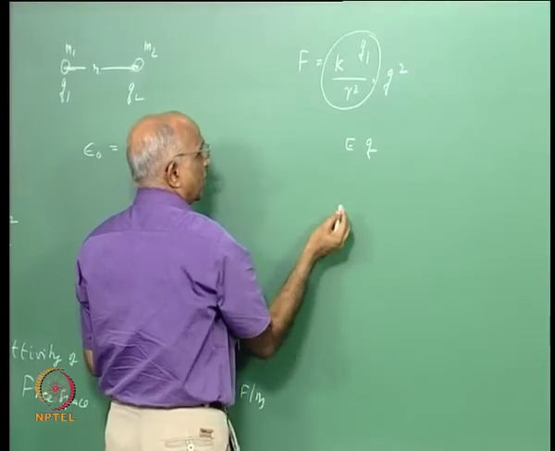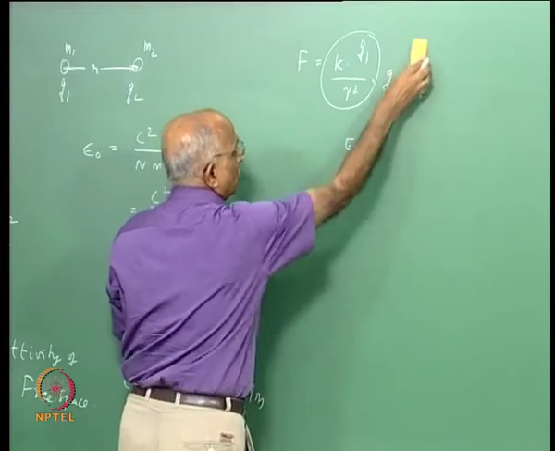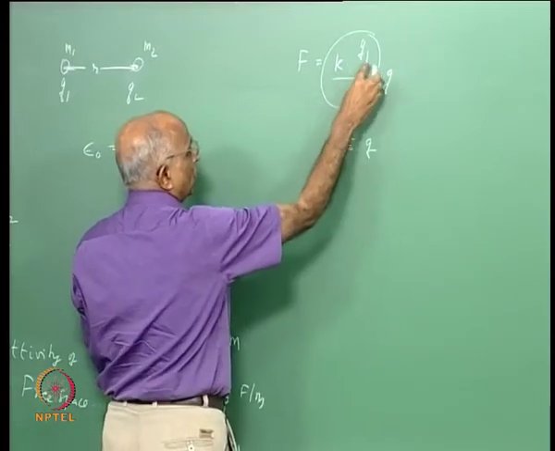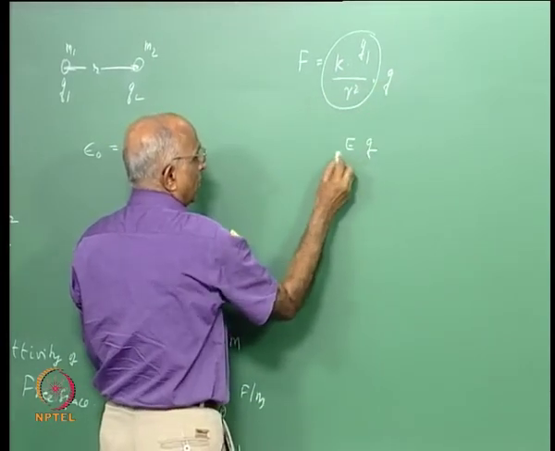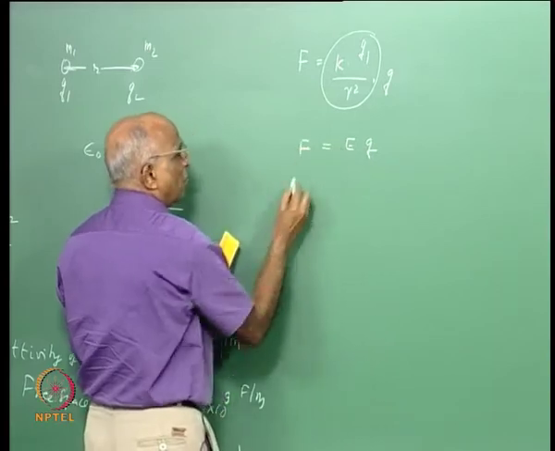I put a charge there, I am sorry, there is no q square here, F is equal to k q1 q2 by r square, therefore Eq is equal to something like a force.